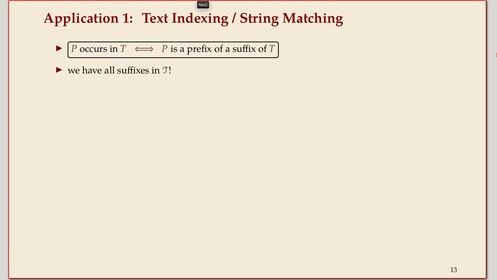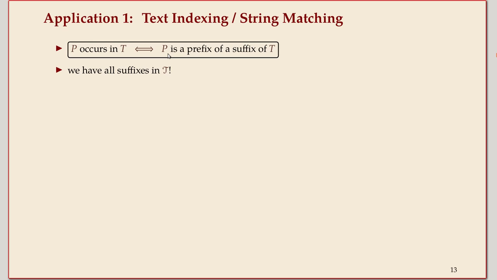Number one, we started this unit on text indexing, so we'd better see an application for text indexing. And that's indeed the easiest application of suffix trees. The observation is just the following. If you have a pattern P that you would like to know whether or not or where it occurs in a given text, well, it occurs in the text exactly if this pattern is the prefix of a suffix.